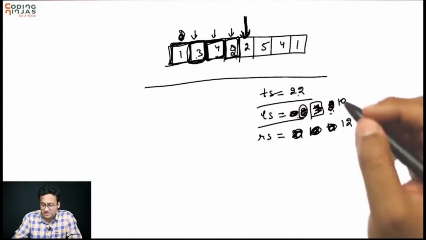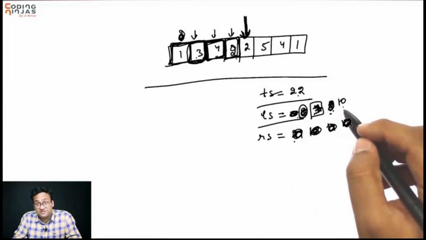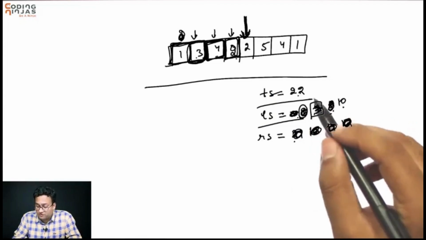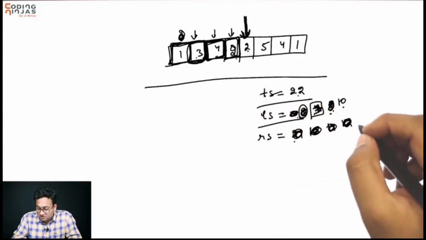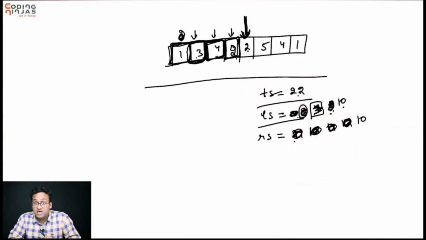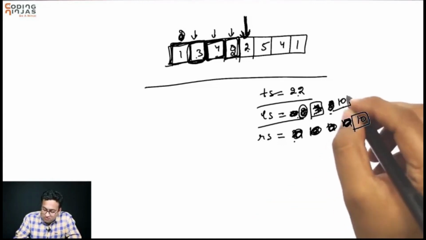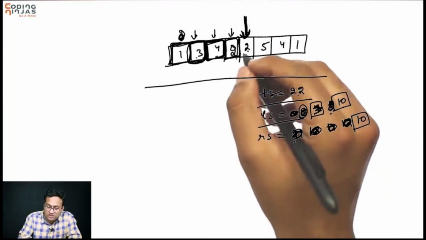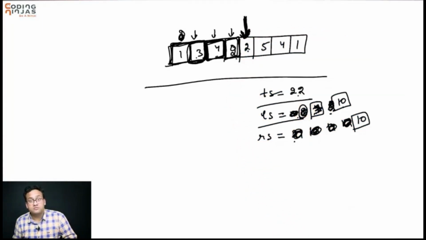When you come to this index, your right sum is total sum minus the left sum right now, which is 12. So 22 minus 10 is 12, minus the current element. So right sum becomes 10. As soon as that happens, your right sum is equal to left sum, so you return the index of this particular 2, and that's how your code is working.